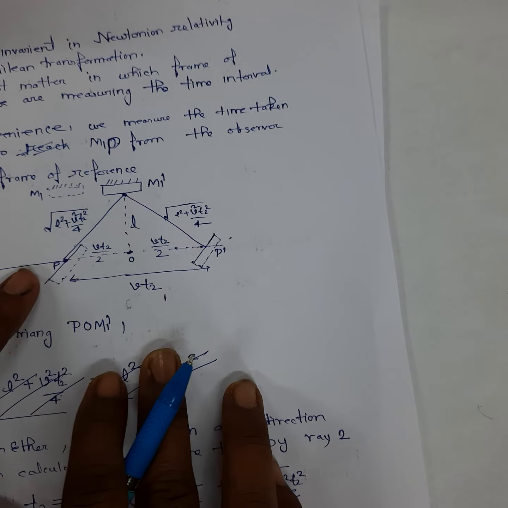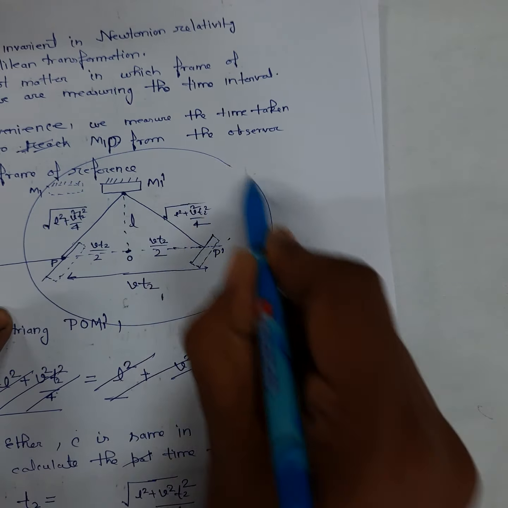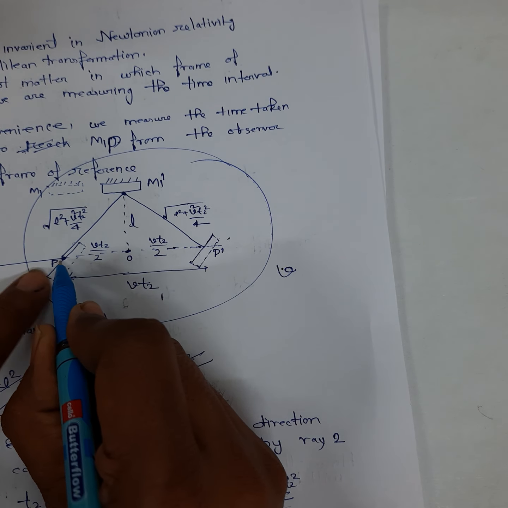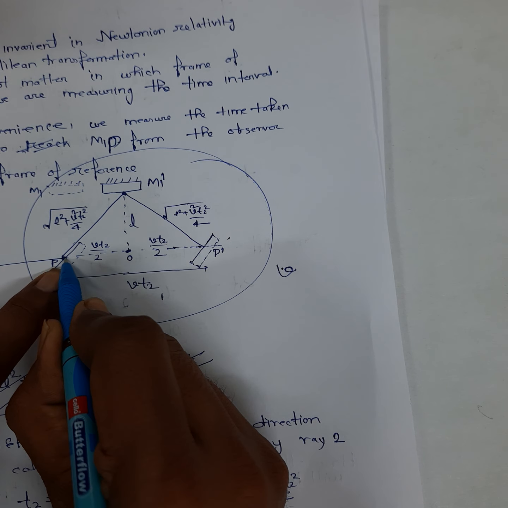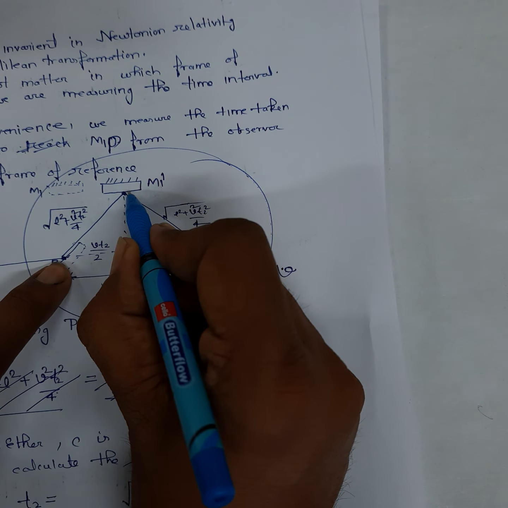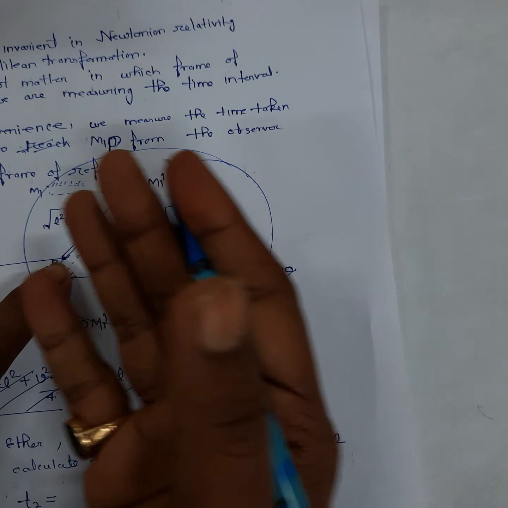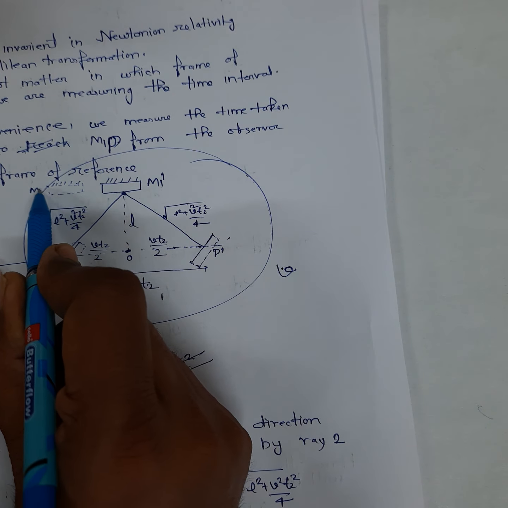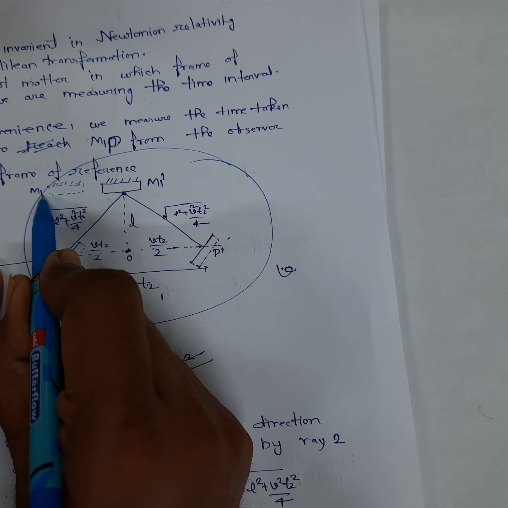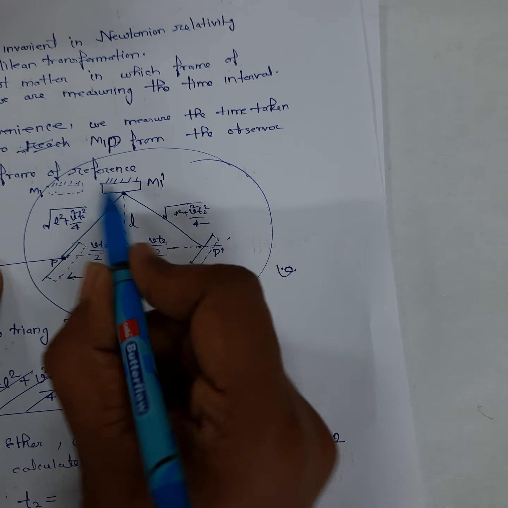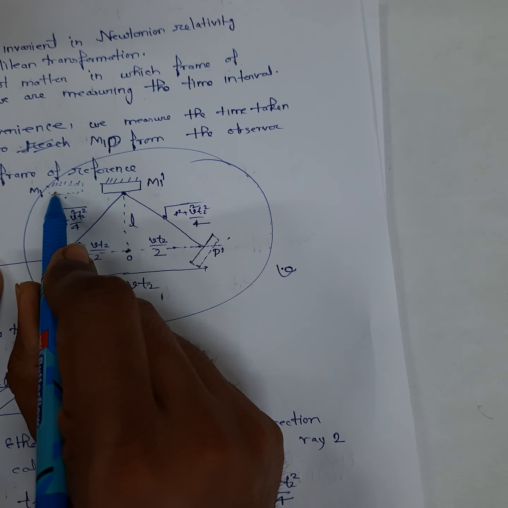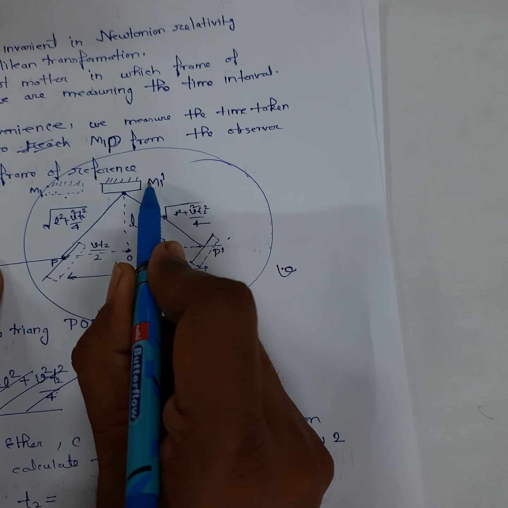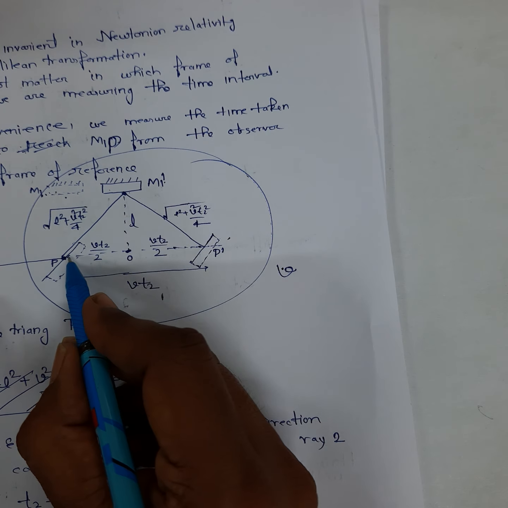But for the ether frame of reference, since the whole setup is moving with velocity v, by the time it strikes the beam splitter and reaches mirror M1, the setup will have moved some distance. So the initial position, which was assumed to be at M1, will not be at this place in space, but this mirror will get a new position M1 dash.